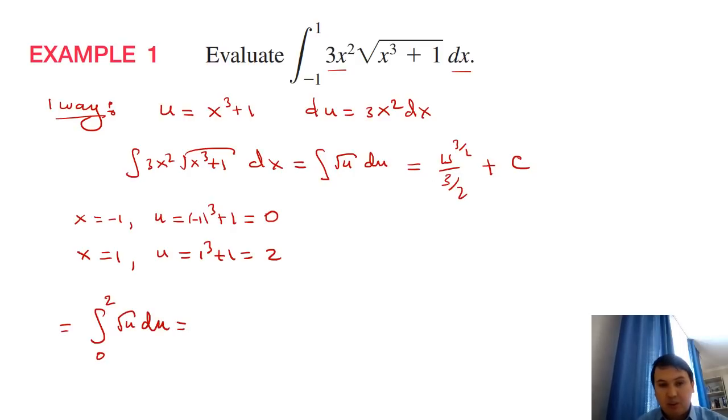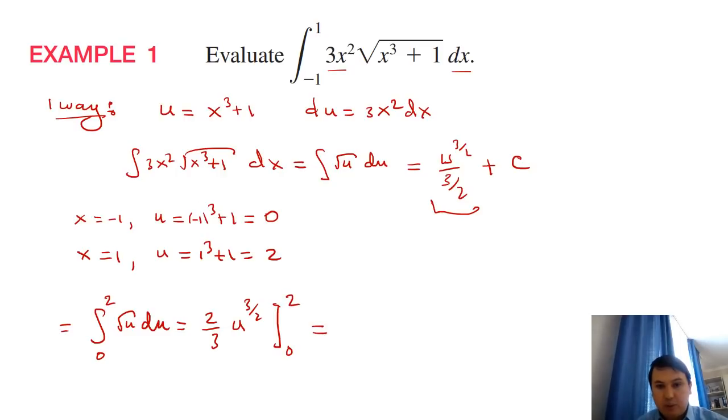Since I already know the antiderivative of square root of u, that I already did here, the c's cancel, so we don't have to write c. It becomes 2 over 3 u to the 3 over 2 evaluated from 0 to 2.